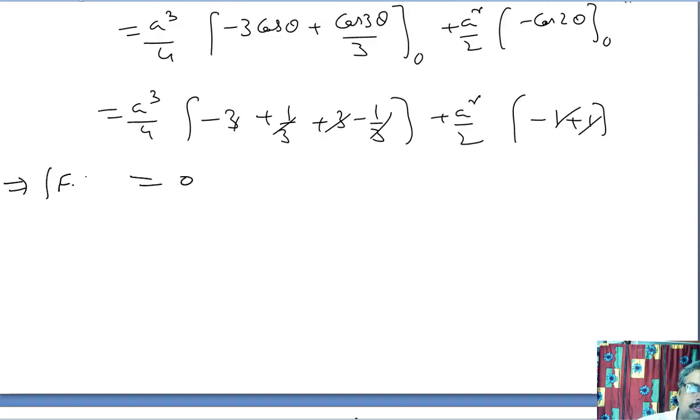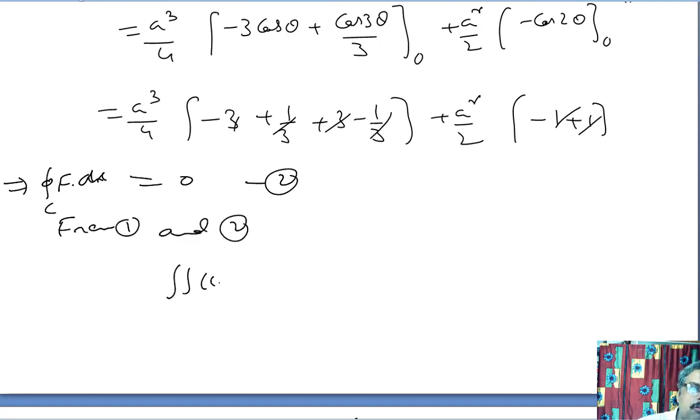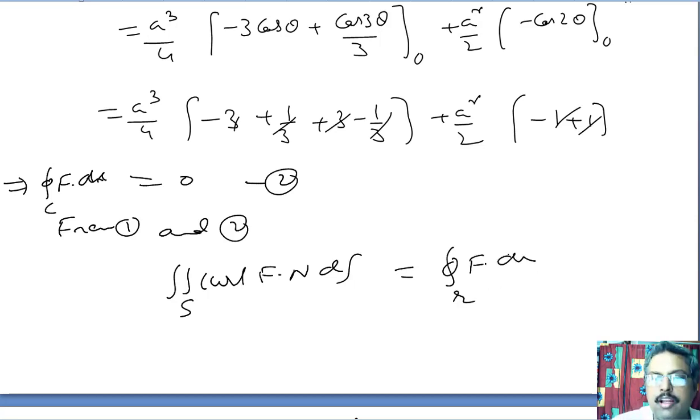The integral of F dot dr is also 0. From 1 and 2, the double integral of curl F dot n dS over the surface S equals the integral of F dot dr. Hence, Stokes theorem is verified.